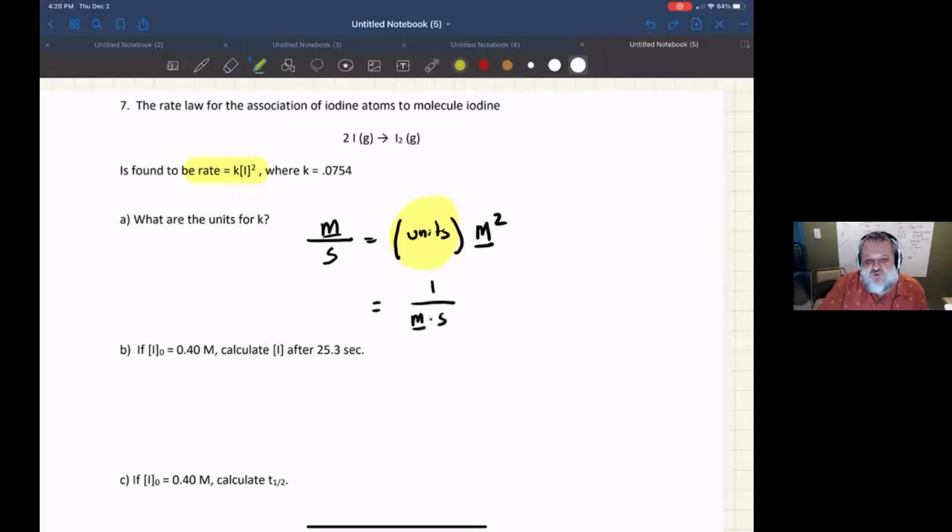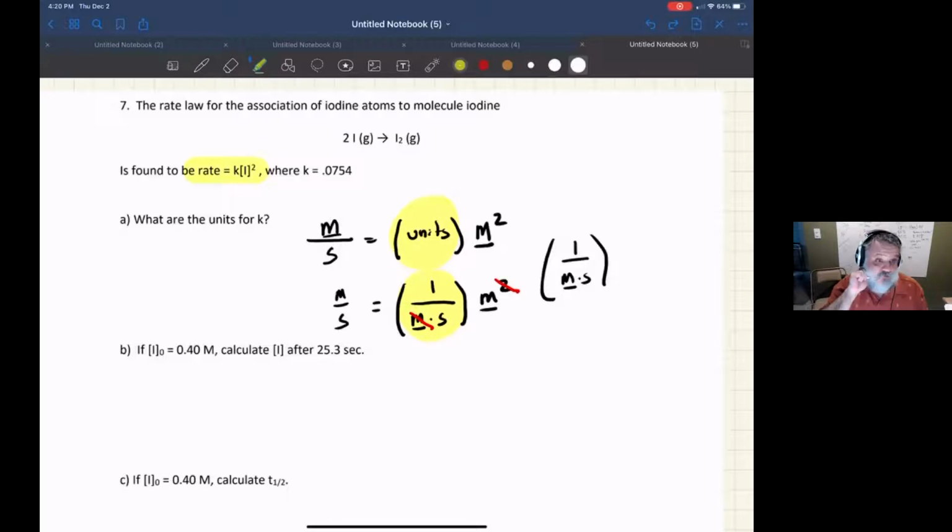Well, if I have molarity times seconds and I multiply that by molarity squared, then one of the molarities cancels, this one cancels, and I'm left with molarity over second. So what are the units of K? They're 1 over molarity times seconds.